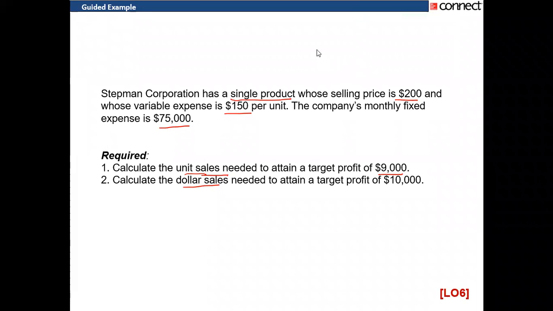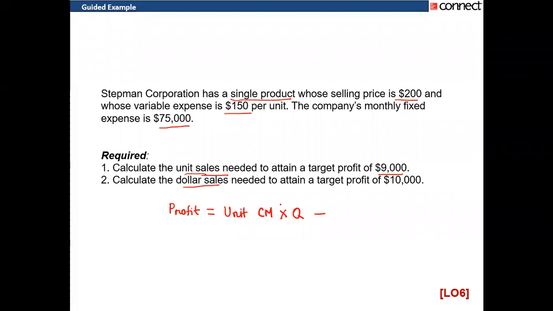So first things first, let us see what we need to do in the unit sales problem. You probably can recall that we developed an equation: profit equals the unit contribution margin multiplied by Q, where Q indicates the number of units.